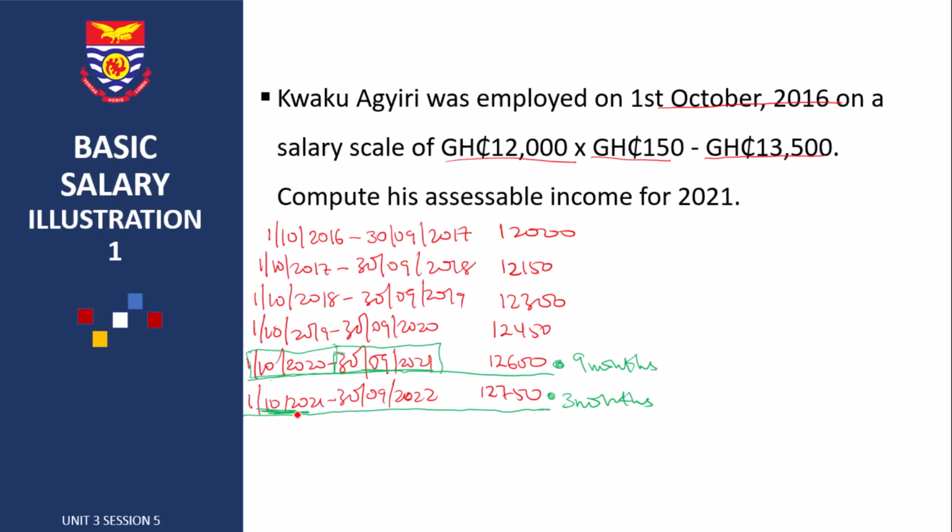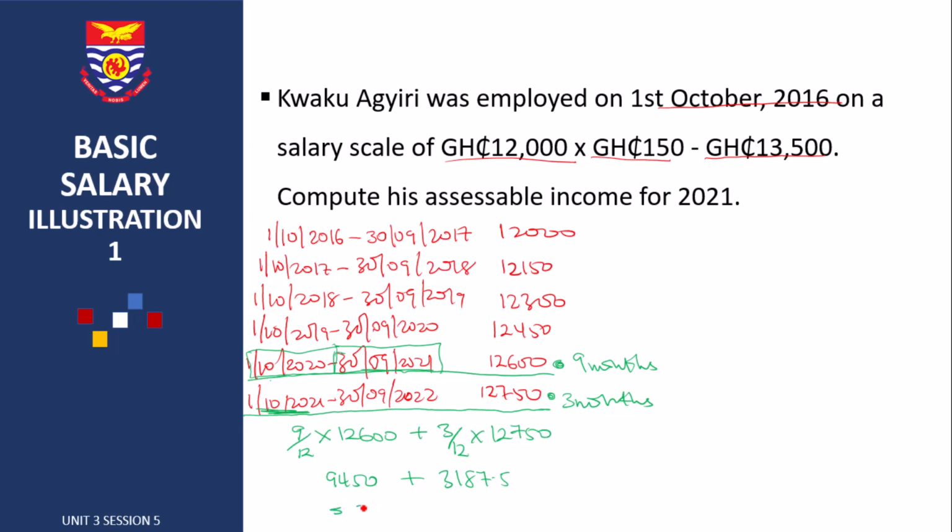So we are going to get 9 over 12 multiplying 12,600 plus 3 over 12 multiplying 12,750. For the first part, we have 9,450, and for the second part, we have 3,187.5.